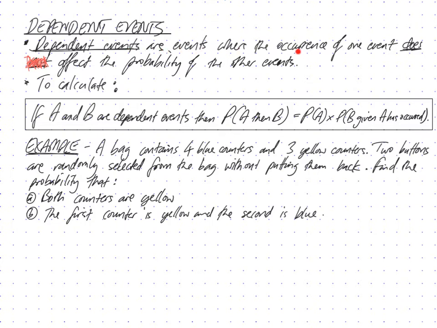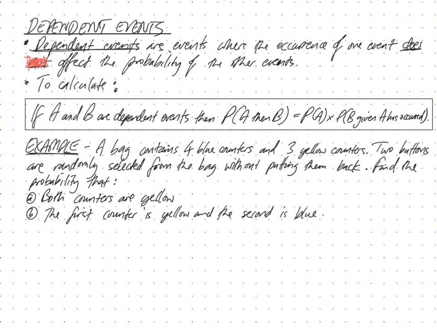Dependent events are events where the occurrence of one event does affect the probability of the other events. The way you calculate that is, if A and B are dependent events, then the probability of A then B happening is equal to the probability of A, same as before, times the probability of B after A has happened.